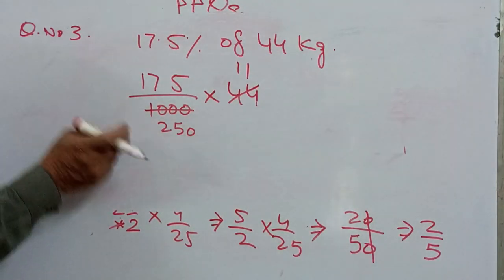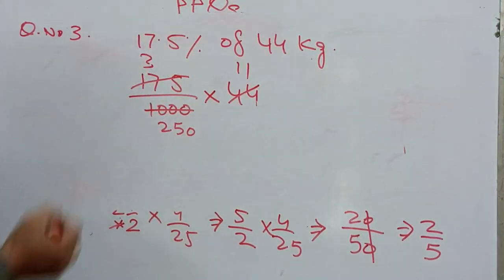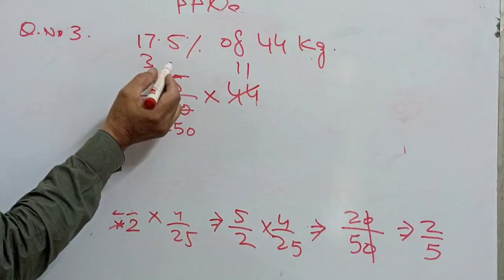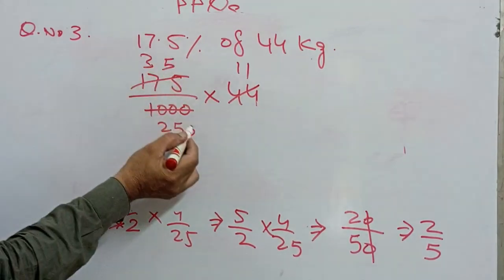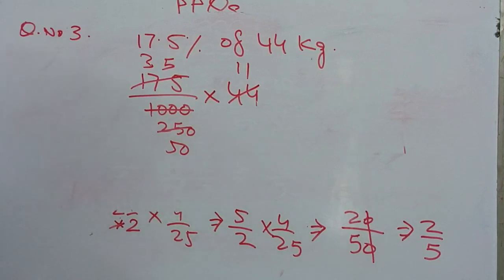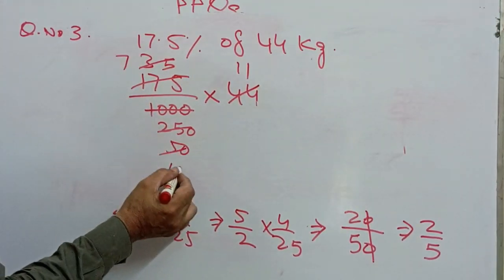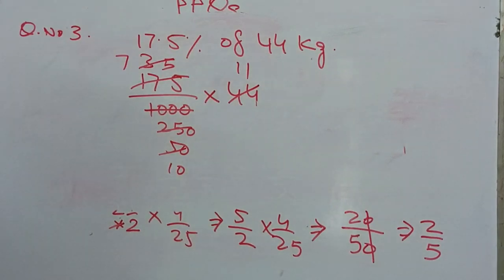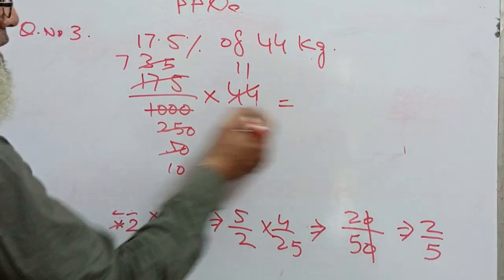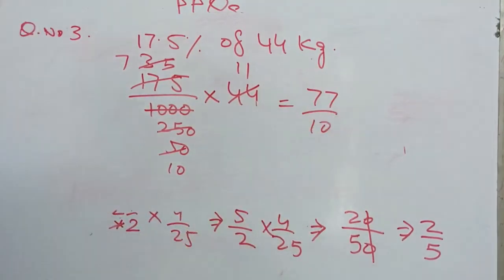Now these two are divisible by 5. 5 times 3 is 15, 2 came out of it. 5 times 5 is 35, and again it is divisible. 5 times 7, and 5 times 10. Now the total answer has become 77 divided by 10.